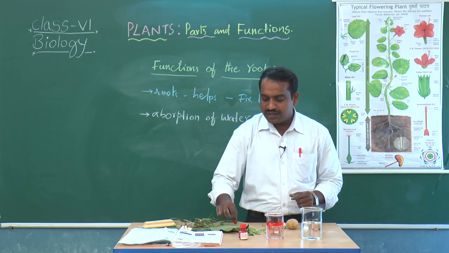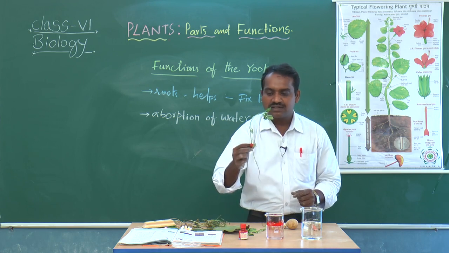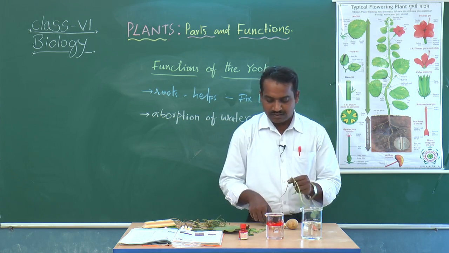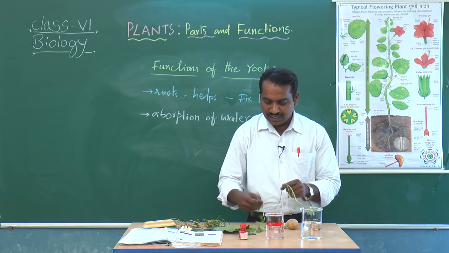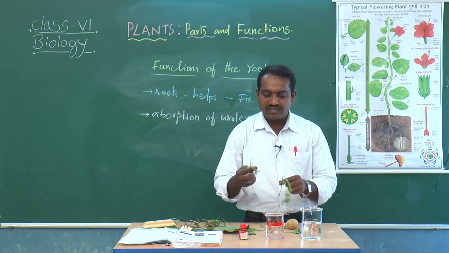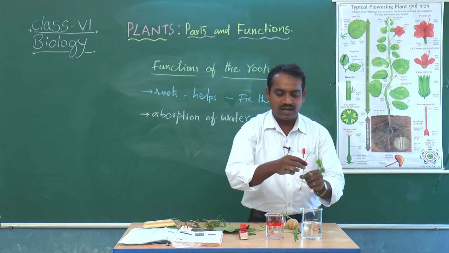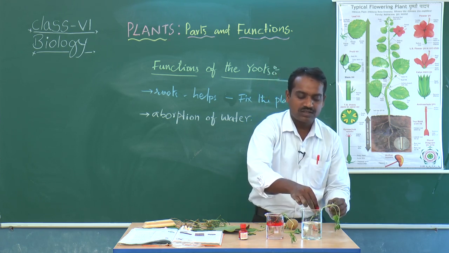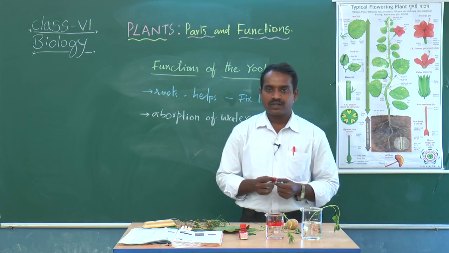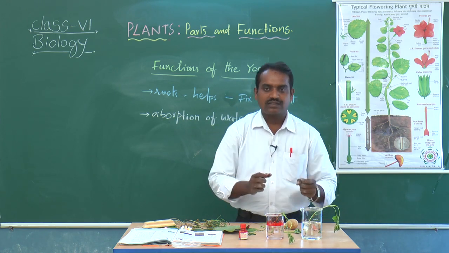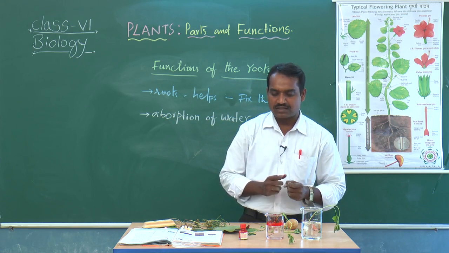Later, we need to take two plants with very soft and tender stems, and we must keep them in this beaker which contains the red ink and water, and in the other beaker with water without adding anything. Leave the experiment like this for 2 to 3 hours.